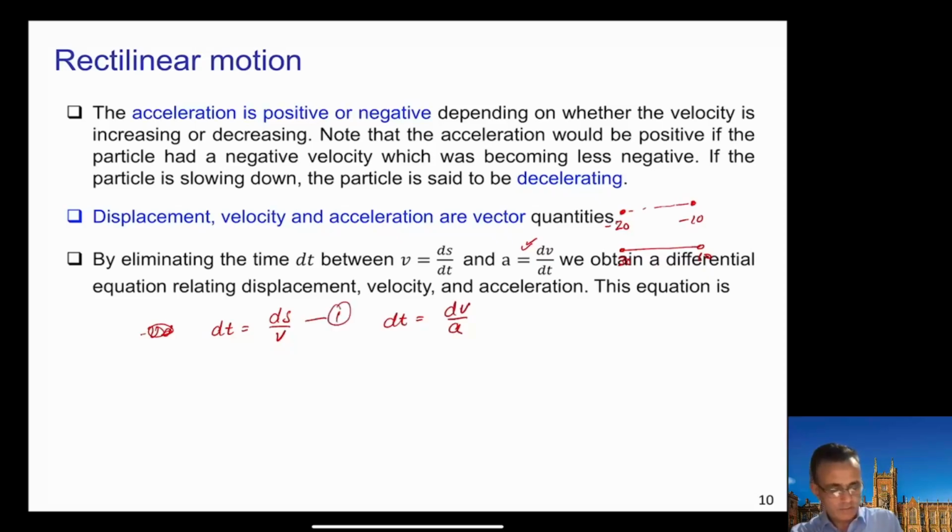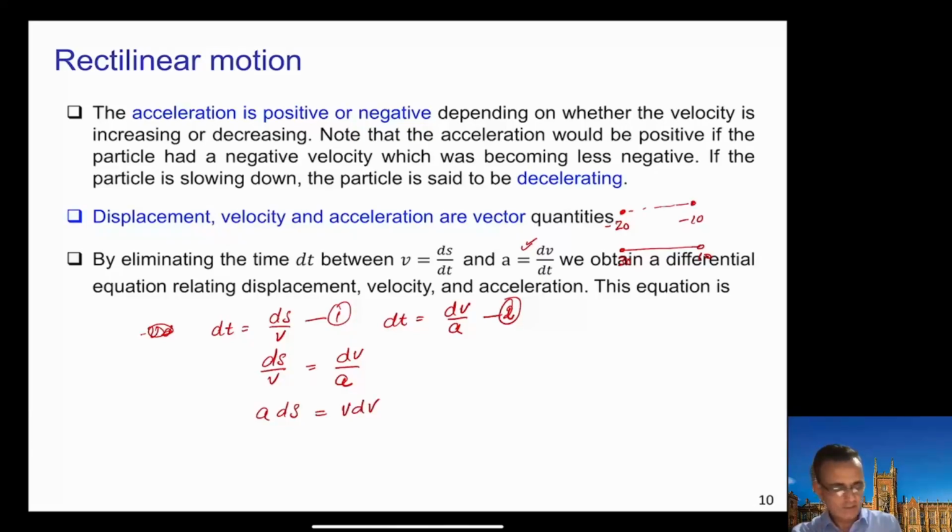So you have two equations here and both are equal to dt. So if you equate these two right hand sides, ds by v is equal to dv divided by a. You can write that a ds equals v dv.